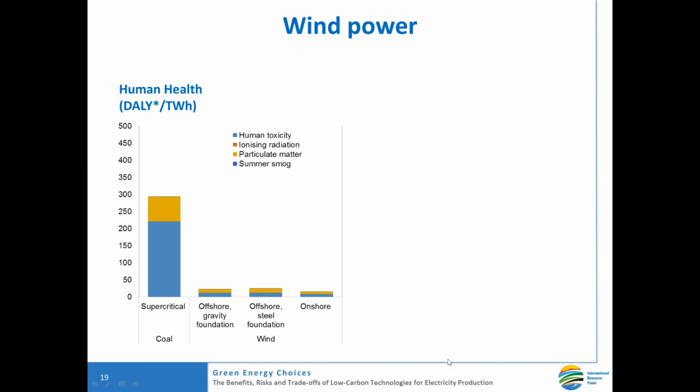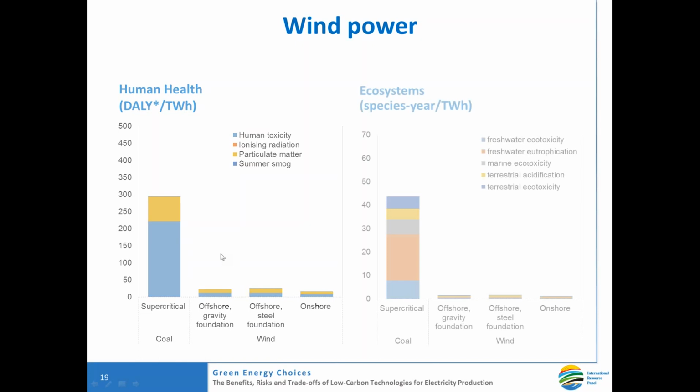In comparison, if we choose any of the wind power technologies that we have investigated here, either onshore or offshore wind power, where we have investigated two different foundations, we find that the impacts are significantly reduced. On a per terawatt hour or per kilowatt hour basis, the human health impacts from wind power are much smaller than the human health impacts from coal-fired power.